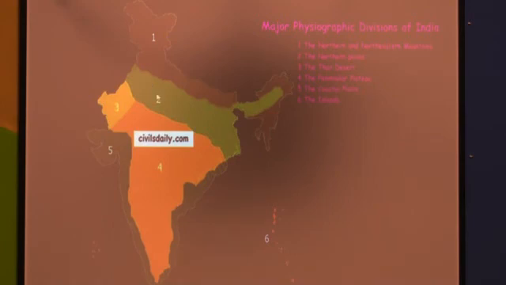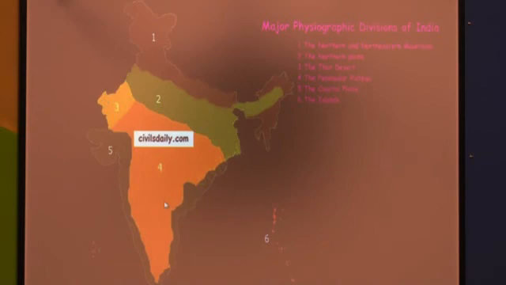Second physical feature is the northern plain area. This is also formed by rivers which originate in the Himalayan area. Third physical feature, we are going to study the Indian desert. It is located on the western margin of India.